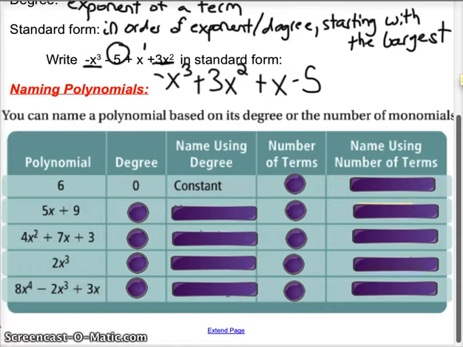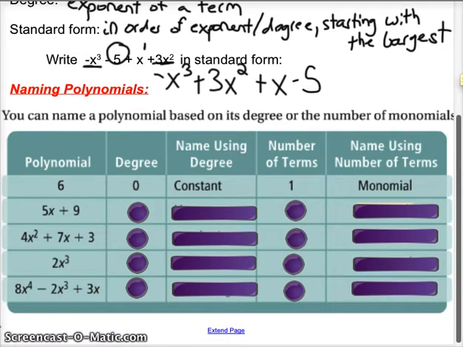Number of terms, well, there's just the 6. So that leaves one term. Name using number of terms, this is a monomial, okay? Just a one term polynomial. Now looking at the next one, 5x plus 9.